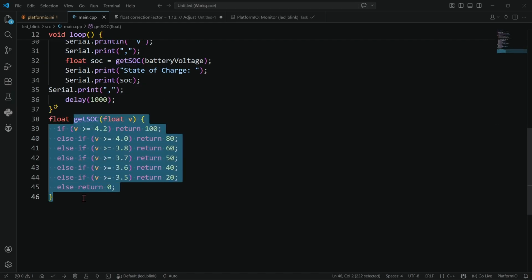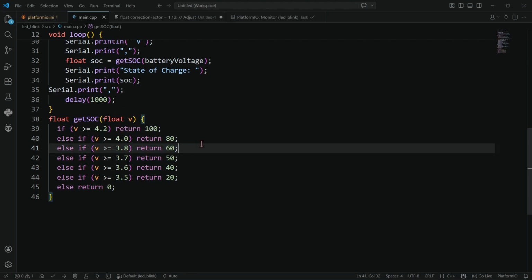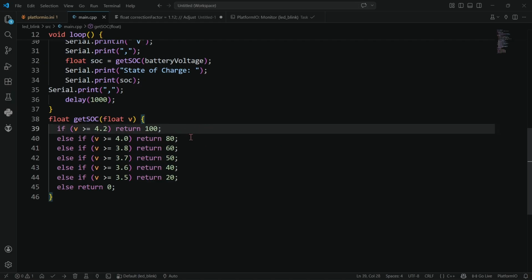So coming to this SOC function. We need to find the SOC, right? So we know that we are finding the state of charge by the equivalent voltage we are getting. So simply we have written here an if-else ladder. If the voltage is greater than or equal to 4.2, then the state of charge must be 100%.